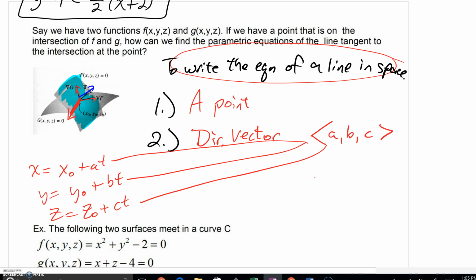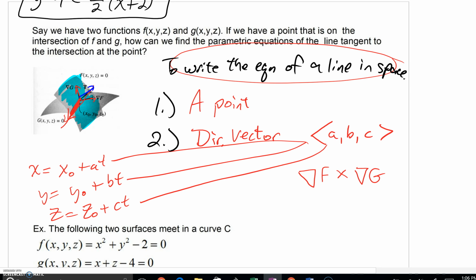Something about the gradients. What do you think? Gradient of f, cross product with the gradient of g. Do the cross product, and then you're going to be able to get that line.